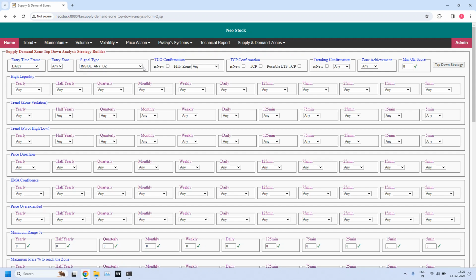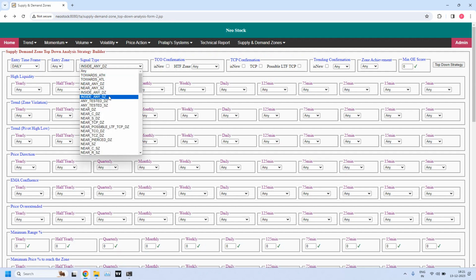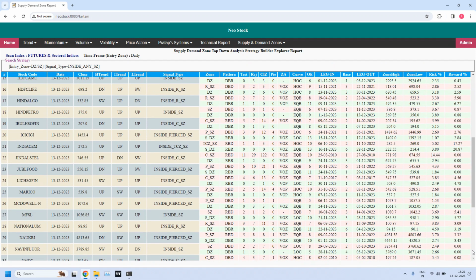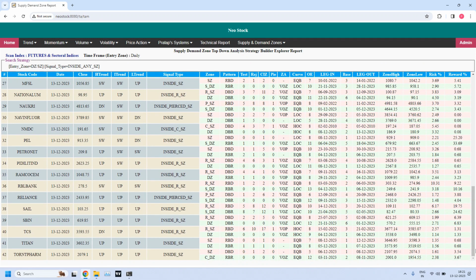Let us find the stocks which closed inside the daily supply zone. This is the filtered list. So many stocks closed inside the daily supply zone. Total 42 stocks are filtered.